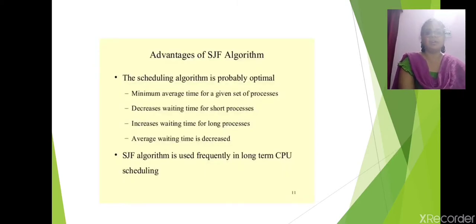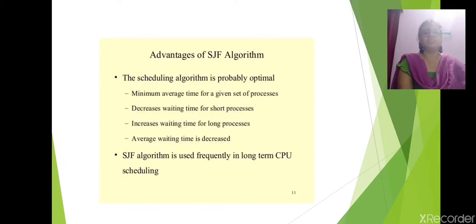Advantages of the SJF algorithm: the scheduling algorithm is probably optimal. It gives minimum average waiting time for a given set of processes, decreases waiting time for short processes, and increases waiting time for long processes. Average waiting time is decreased in the case of SJF.